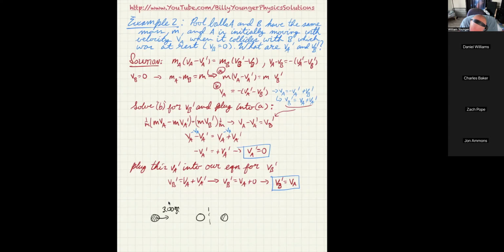Then we had these two collide. Then what we had was the black ball sitting still, but now the white ball is moving at 3.00 meters per second. So that's what happened with that one.